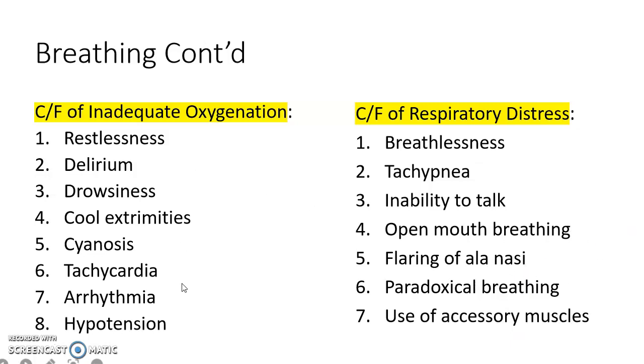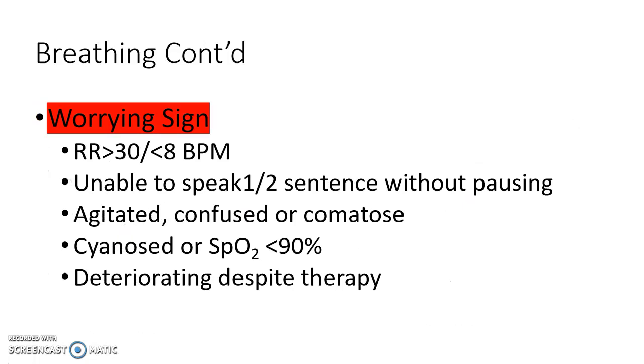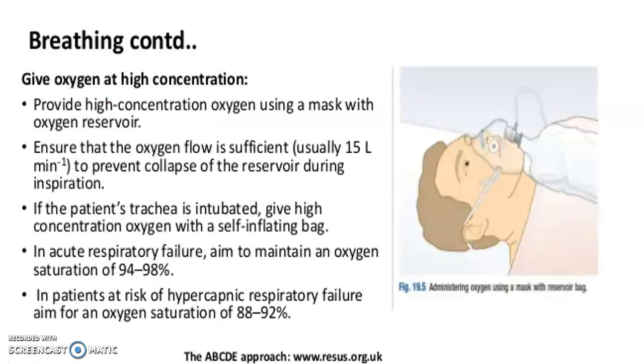But there may not be arrhythmia, hypotension, tachycardia, or drowsiness, or any explanation other than respiratory. So warning signs are if the respiratory rate is greater than 30, the patient is unable to speak 1 to 2 sentences without pausing, agitated patients, cyanosed patients, pulse oximetry shows less than 90 with greater than 60 percent oxygen, or deteriorating despite therapy. All these are warning signs.